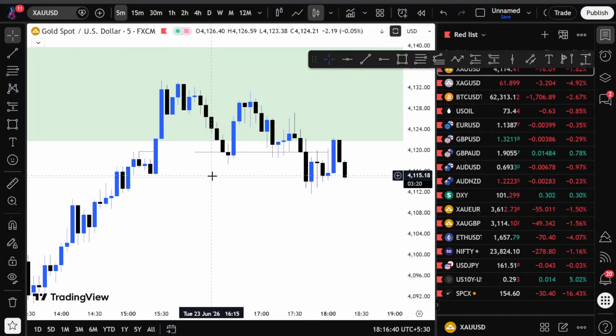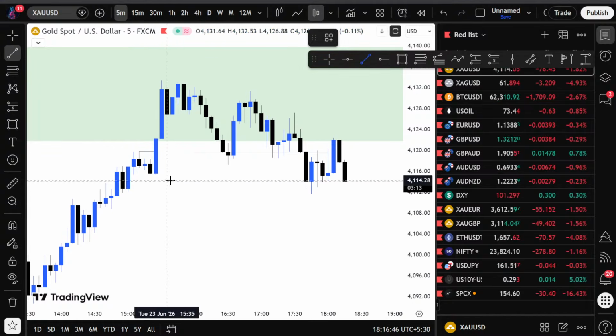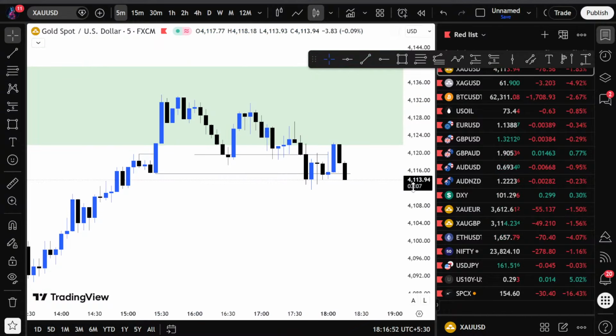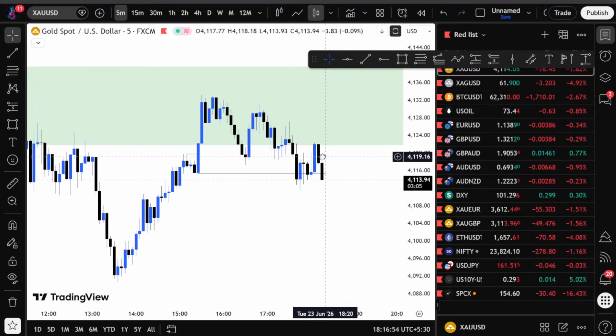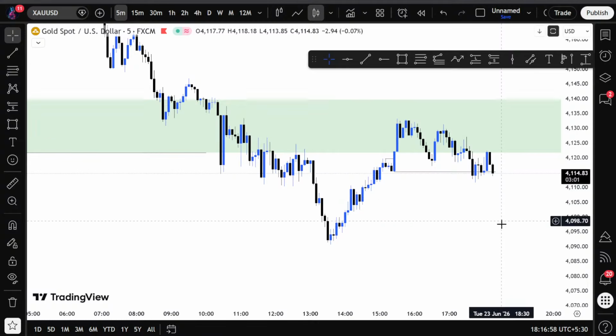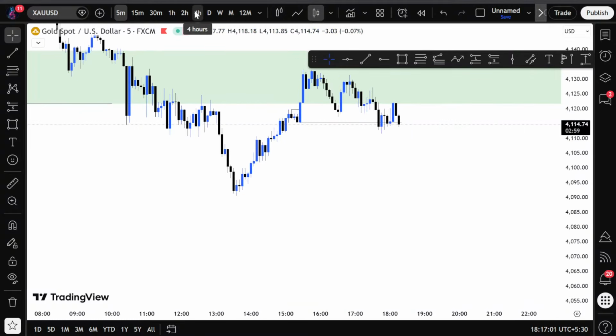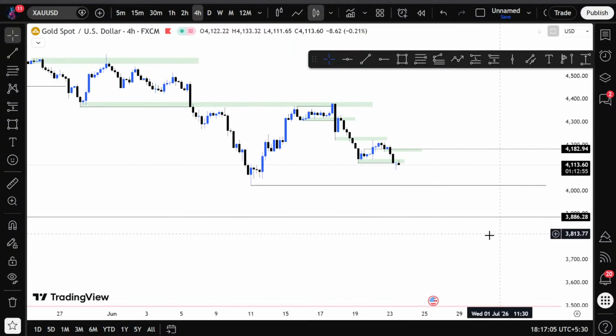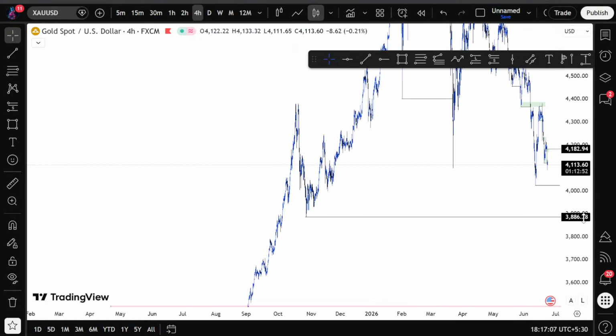If price drops around 4090, would that be a buying opportunity? No. The only buying opportunity right now is a sweep of this 3886.